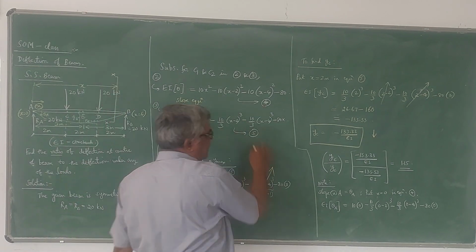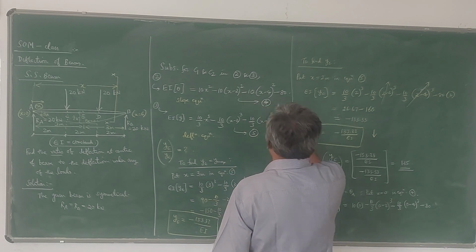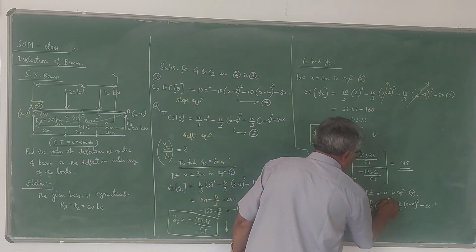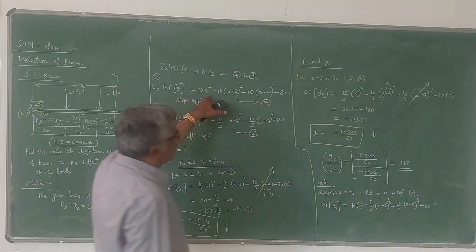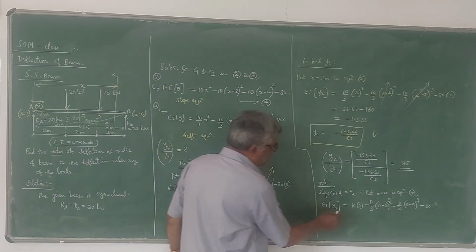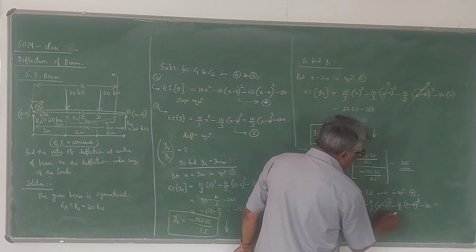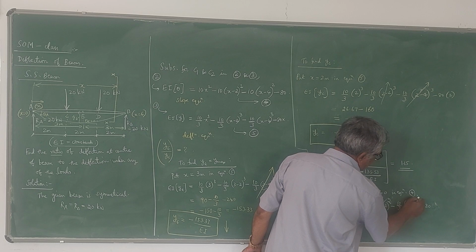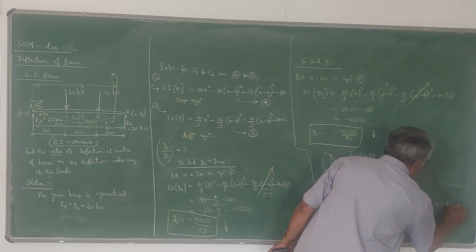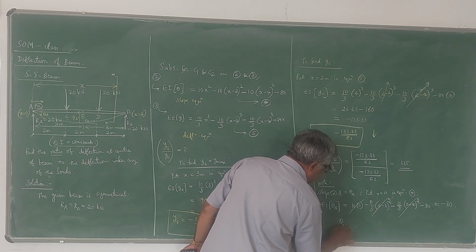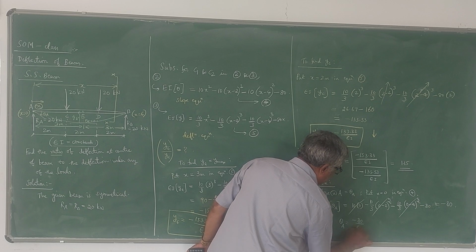Sorry, this is square, not cube. Here also you can see the first term becomes 0, second term 0 minus 2 is negative, this you can omit, third term 0 minus 4 is minus 4, you can omit this, only minus 80 will remain. So that means your theta A will be minus 80 divided by EI.